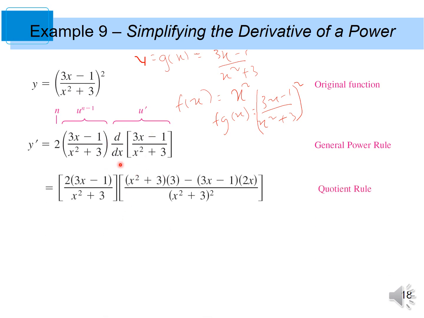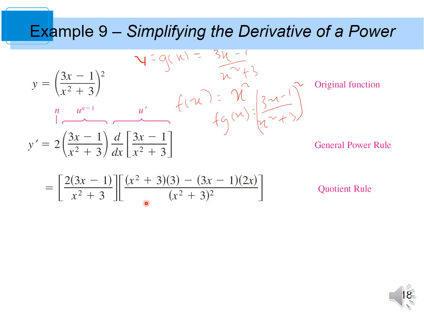So when we differentiate the rational function, we use the quotient rule. This is the quotient rule we have covered in the previous section. We differentiate the first function times the second function, minus we differentiate the second function times the first function, over the second function squared.